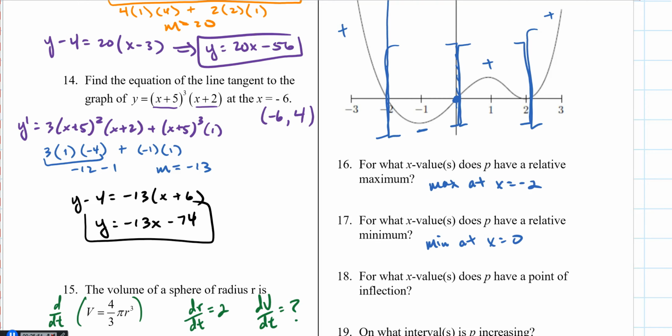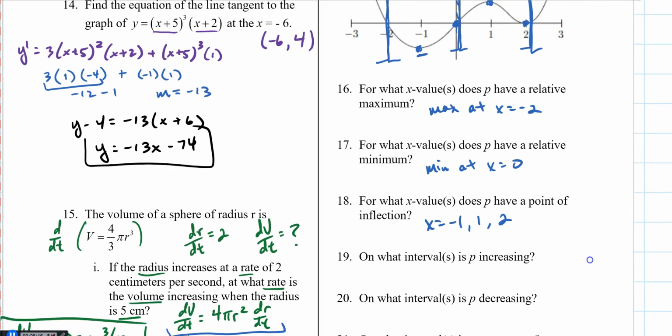So if we have the graph of the derivative already, we're looking for the maximum and minimum values of that graph. So we have a minimum here, a max at 1, and a min at 2. So p has a point of inflection at x equals -1, 1, and 2.